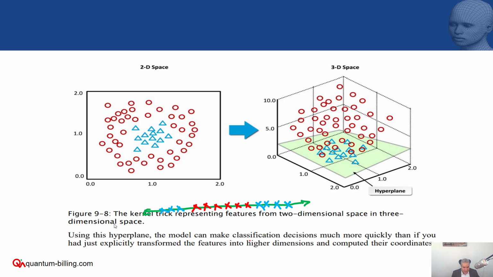You can't easily separate them because they are overlapping on that line. How could we separate them?